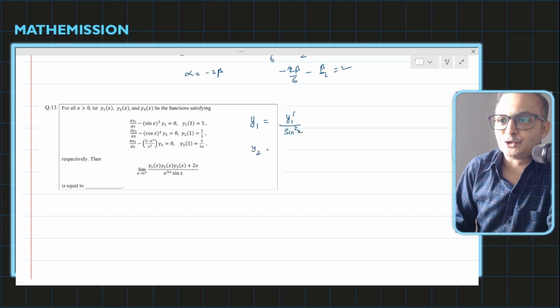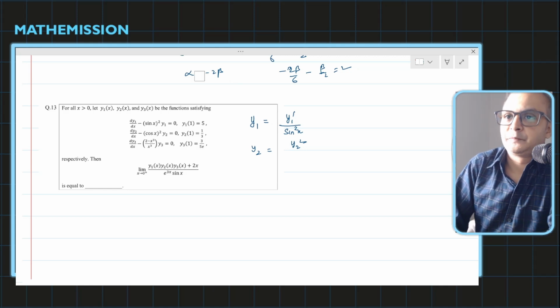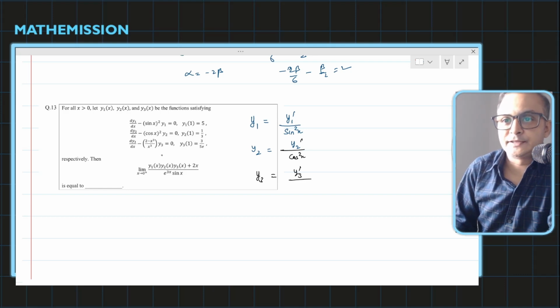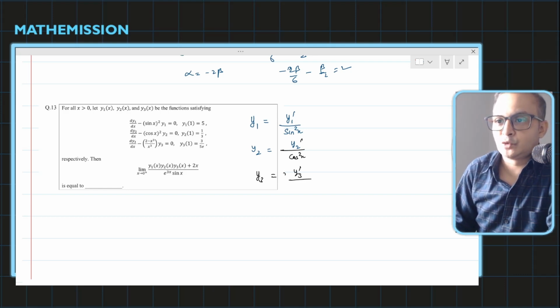Then I find y2, and you see how beautifully this question is structured. This will give you y2 dash divided by cos square x, and then y3 is y3 dash, and this will give you x cubed here, and 2 minus x cube.